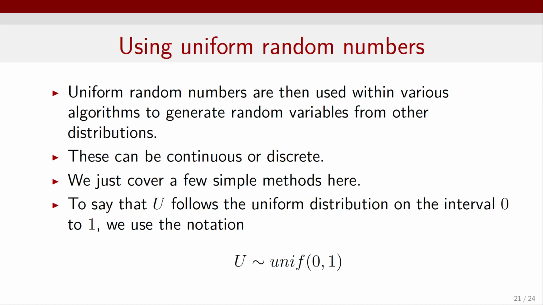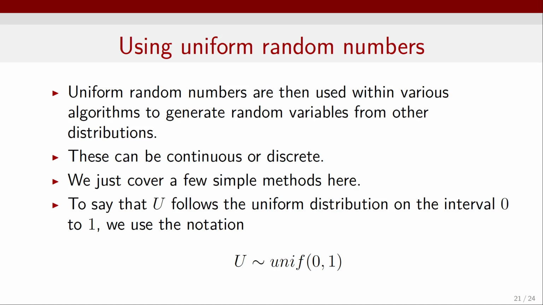Once we've generated uniform random numbers, we can use them to generate other random numbers that are distributed in a different way, such as a Gaussian distribution or another distribution. These other distributions can be continuous or discrete. We will cover a few simple methods here.